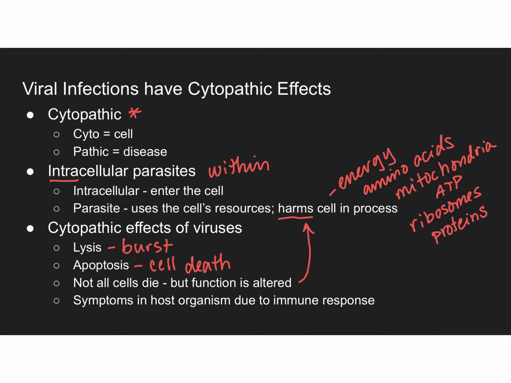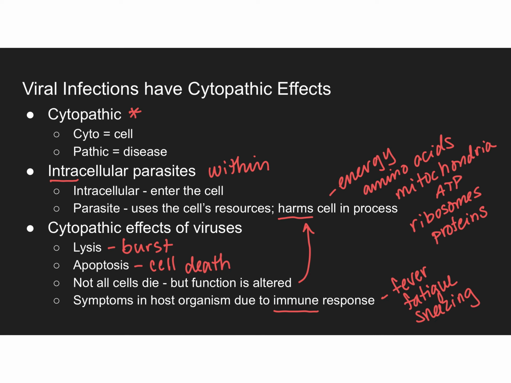Now, interestingly, a lot of the symptoms associated with the viral infection actually have to do with the host organism's immune response. So, if we think about humans, viral infections can cause things like fevers, fatigue, sneezing, coughing, etc. And these are all ways that the human immune system is trying to fight off this virus.